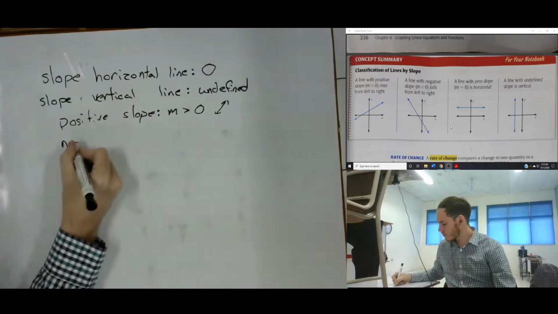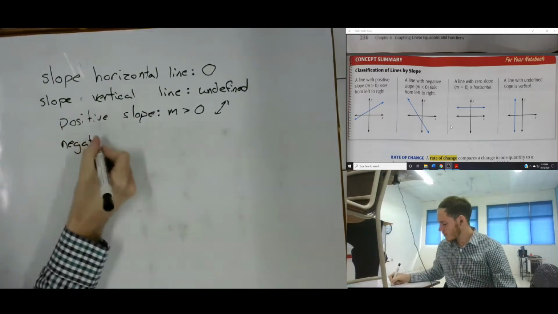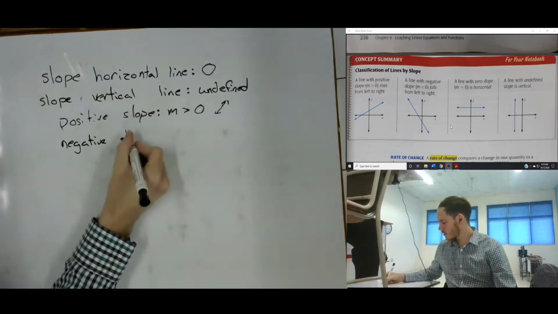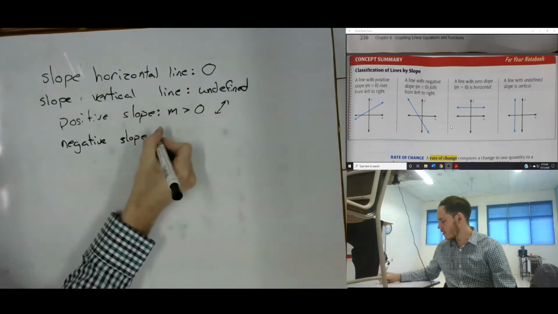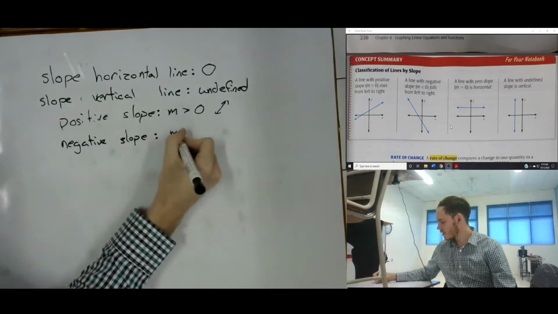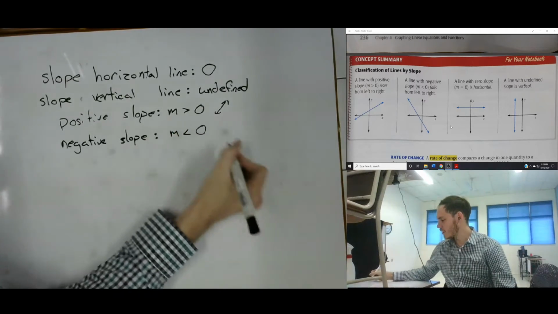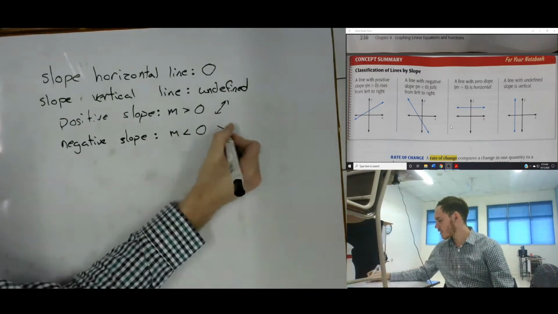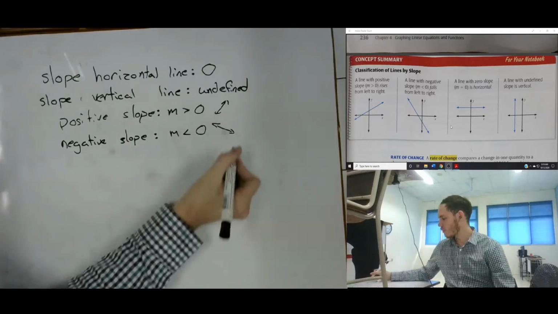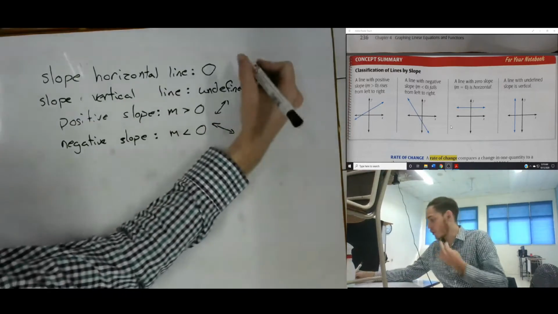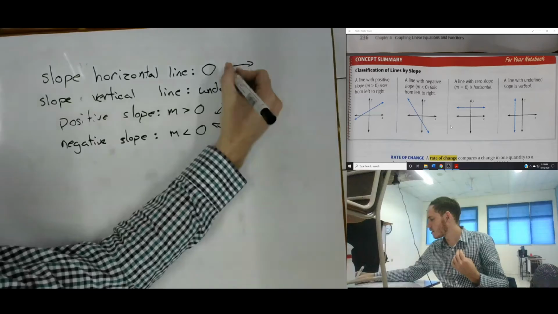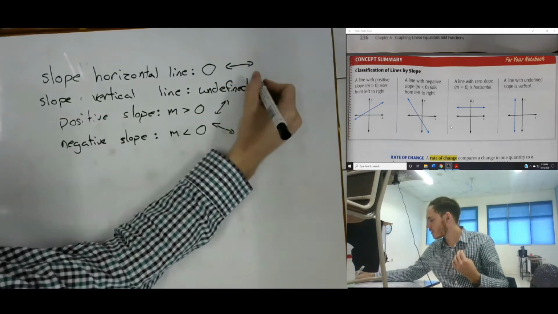Negative is where the rise and run are going to be less than 0. That is, you're going downwards. So horizontal is left to right, vertical is up and down.